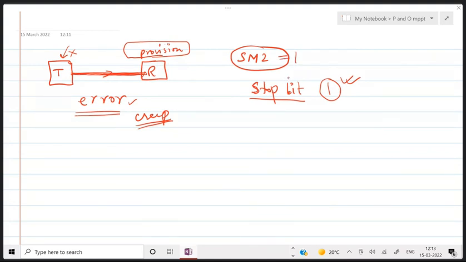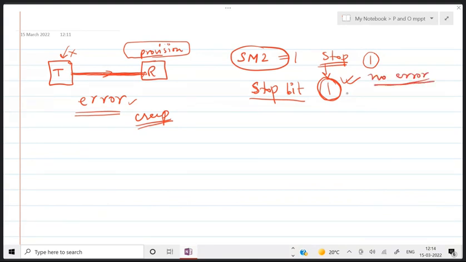What is it going to do? It is going to check this stop bit. If it is 1, that means the chance of error is negligible, or no error.